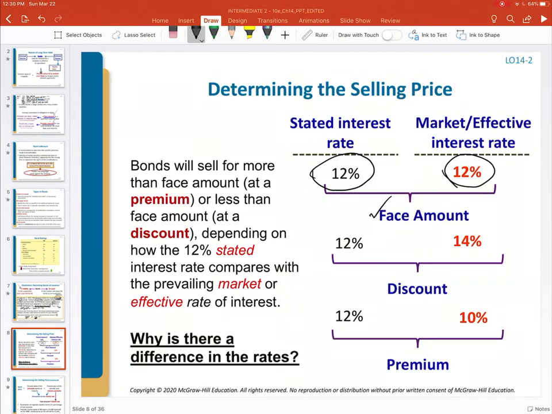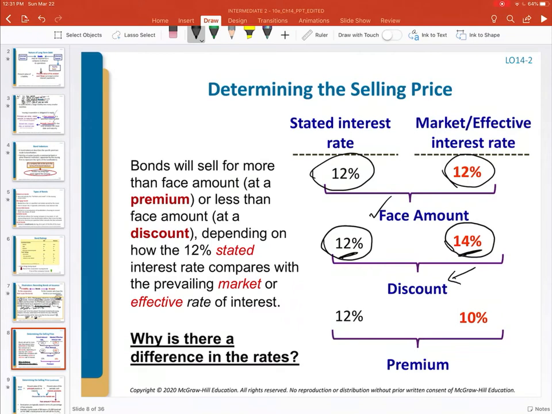But what happens if our interest rate is 12% and everybody else out in the market that looks just like us, that's offering bonds, is offering on average 14%? What would have to happen to the price of our bonds in order for us to be competitive is that we would have to offer our bonds at a discount. Our bonds would be worth on day one a little bit less because we're offering 12%.